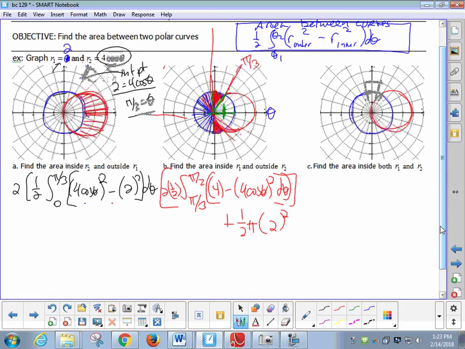Okay, here we go. Let's try another one, please. Besides area between, you also have to do area and. This is a crucial word. It's and, it's not or. If you want the area inside both, then any point you find has to be inside both. So for example, this region here, do you agree that's inside one and the other?